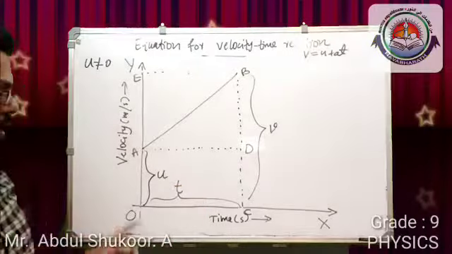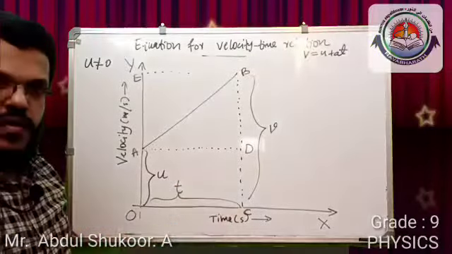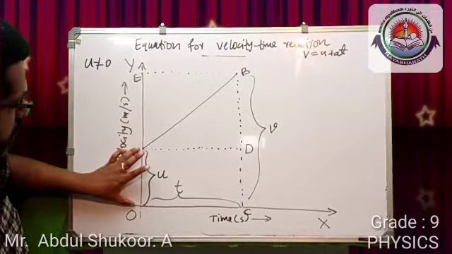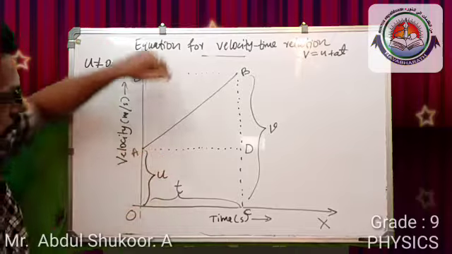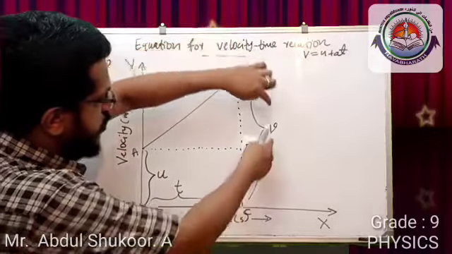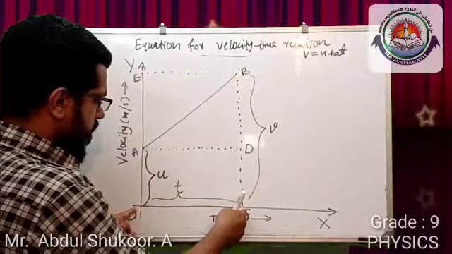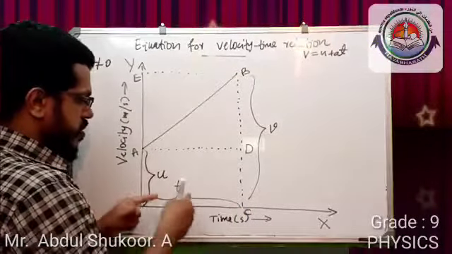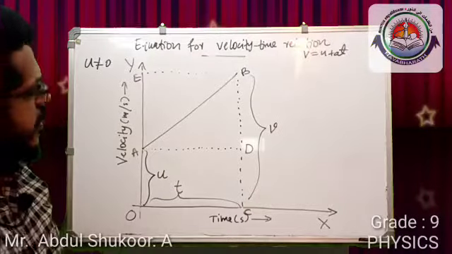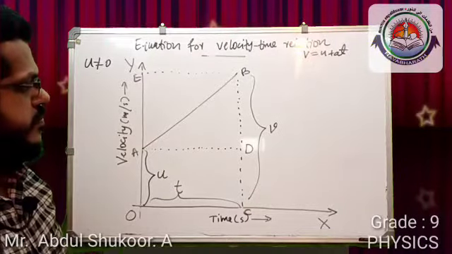What you understood from this: OA is the initial velocity, that is u, BC is the final velocity, that is v, and OC is the time interval of the change of velocity, that is t.